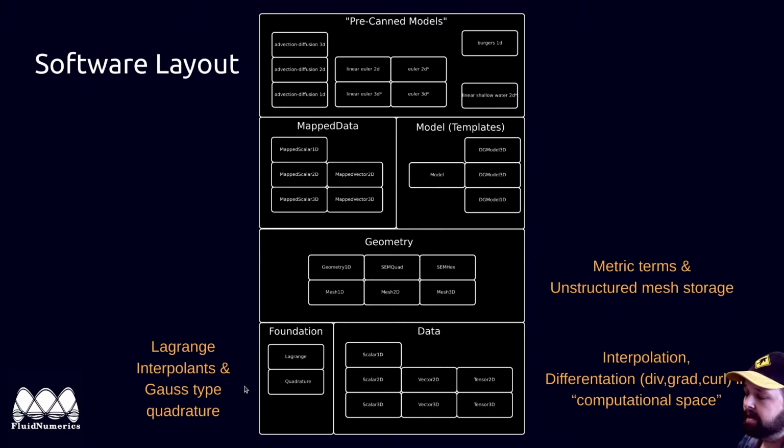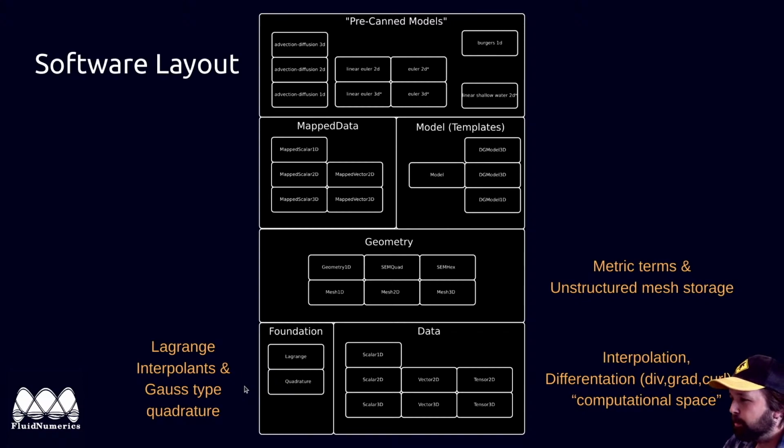For example, in the SEM quad class, we have X and Y values at each of the quadrature points, and then we can take a gradient of the physical position vector, X comma Y, with respect to each of the computational coordinates, and you can get out the covariant and contravariant basis vectors from various operations built on top of that. So we basically use the data classes to help us describe geometry.